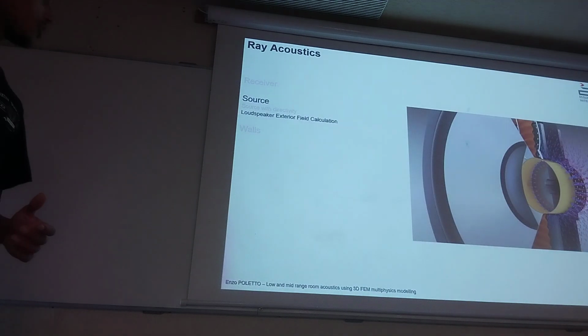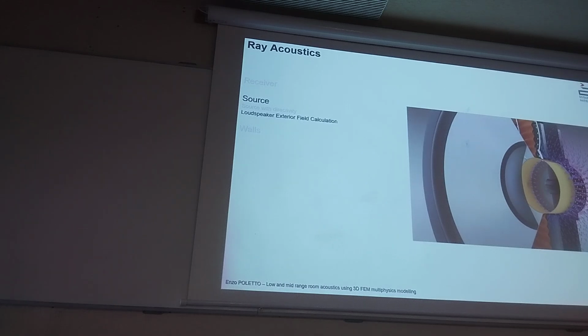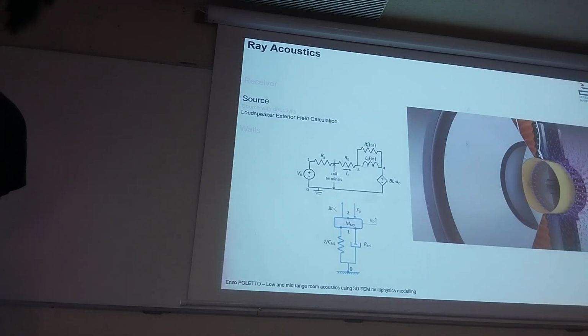And another way to do that is to input a submodel called a lumped speaker. So a lumped speaker is an electrical circuit, analogous again, where I have the coil represented as a resistor, also an inductor.